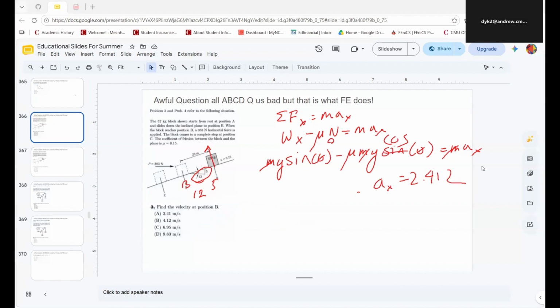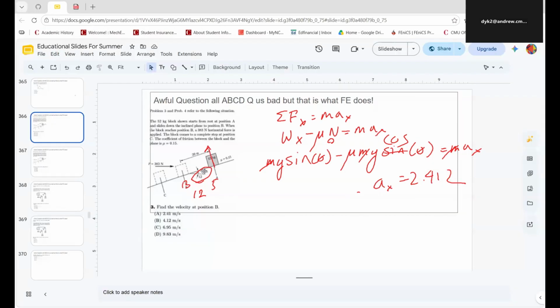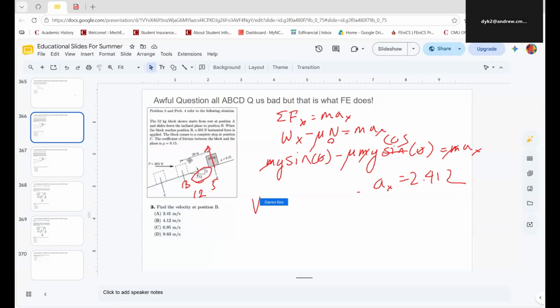And then with that said, now we need to figure out the velocity at position B. We can do a lot of math, but we can also do this equation over here because we already know this and that. So that equation is V final squared equal V initial squared, which initial squared is 0, plus 2a_x times s minus s, which is going to be 20.